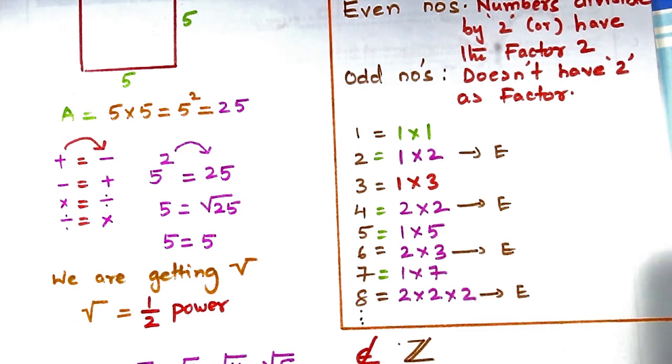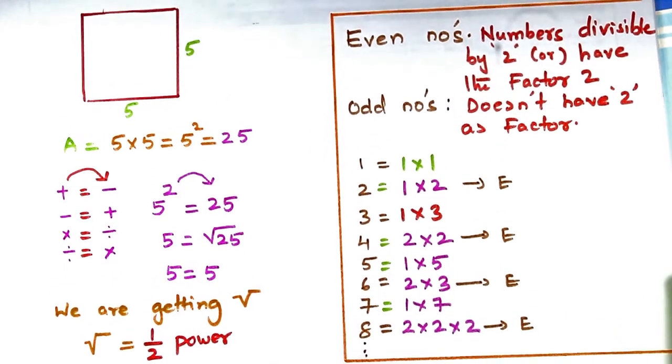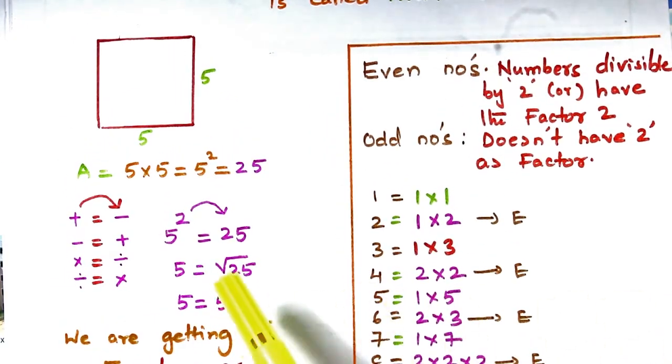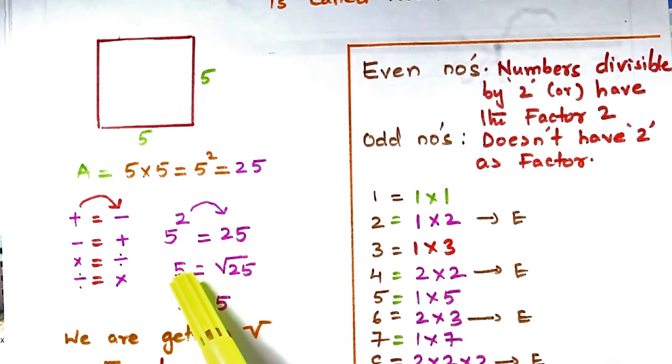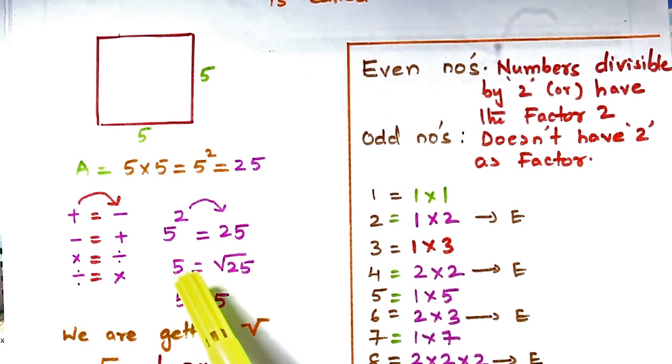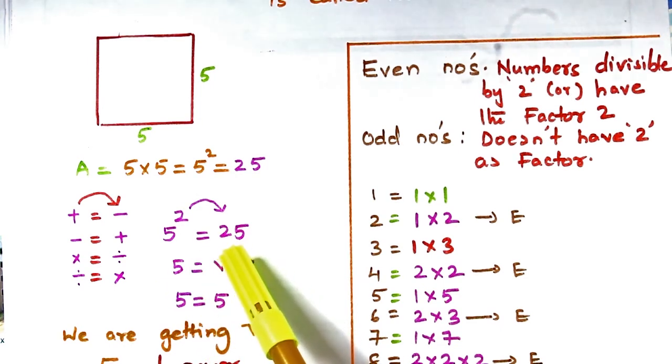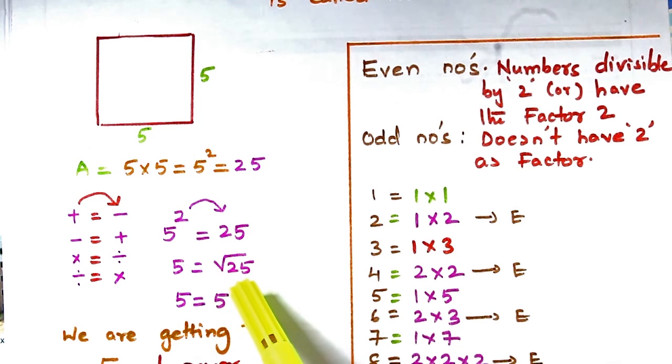Alright, and root basically means that it helps us find exactly two similar numbers, the same numbers, which when multiplied with themselves, give some other number. In this case, we have 25.